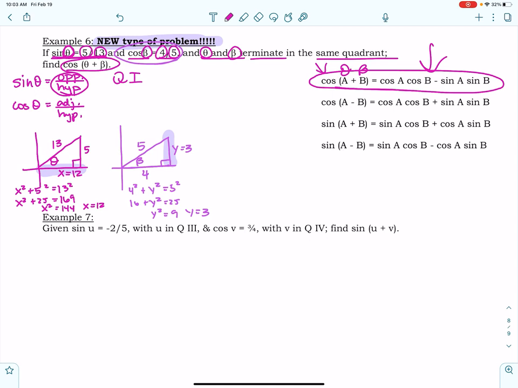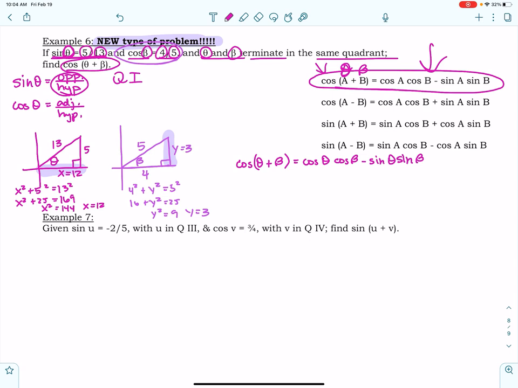I am going to replace A with theta and B with beta. So I am going to have cosine of theta plus beta equal to cosine theta times cosine beta minus sine theta sine beta. Okay, I'm done with that now.